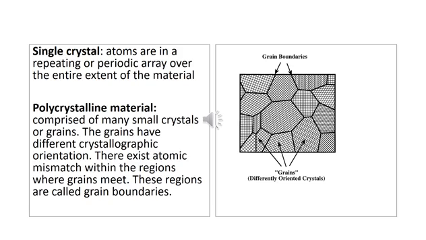These are materials composed of many crystal grains, and these grains can have different orientations, and these are shown in the figure. You realize that these crystal grains are separated by boundaries, and their orientations are different.